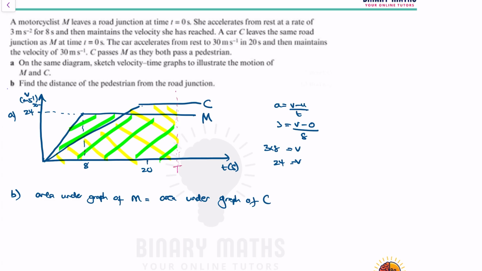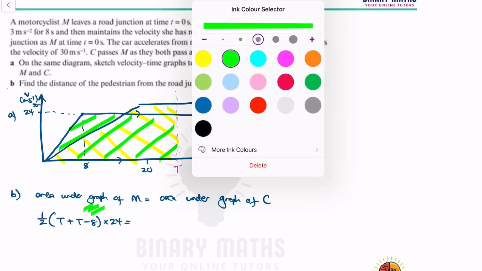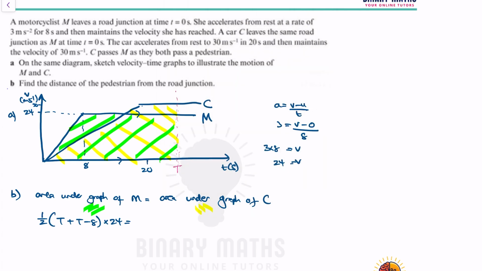So M is half times a plus b, so that's T plus T minus 8 times 24, must be equal to, let me just draw that, that one is equal to that, must be equal to half of the area under the yellow part, which is T plus T minus 20 times by the height, which is 30.